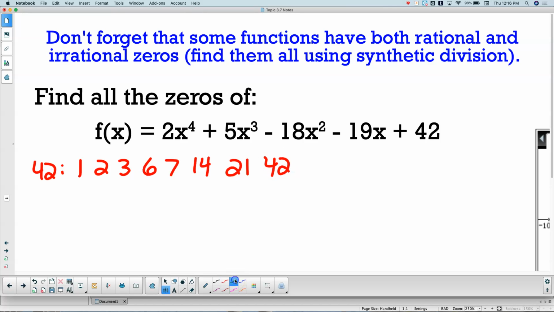What are the factors of 2? 1 and 2. Okay.